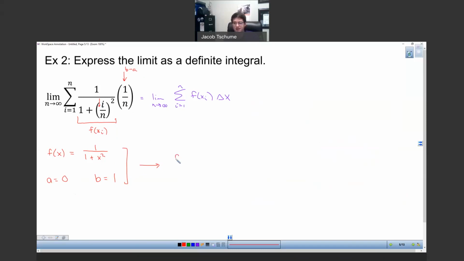And that would be the integral from 0 to 1, so that's a to b. You take your function, which is 1 over 1 plus x squared, and then you put dx. This is the integral representation of that Riemann sum. And that's what we're going to be working with pretty much non-stop going forward after I show y'all one long limit definition.